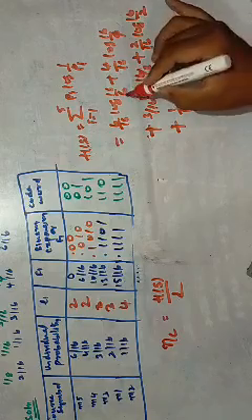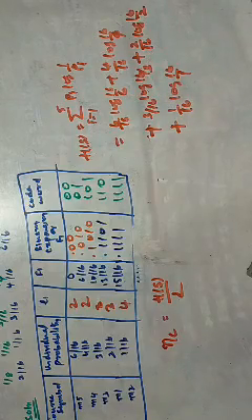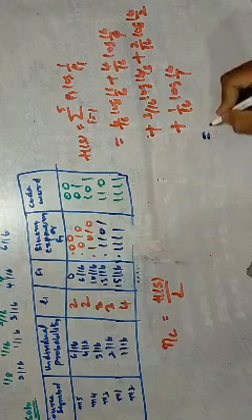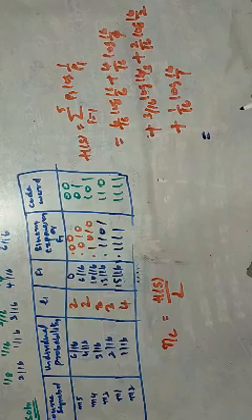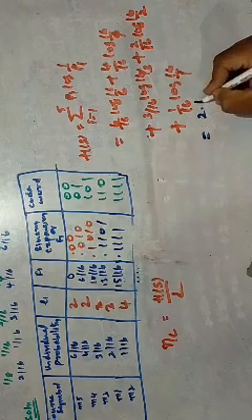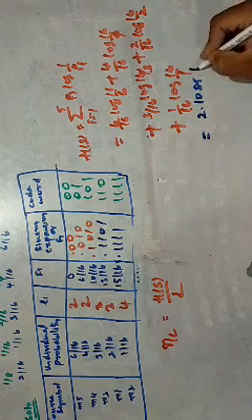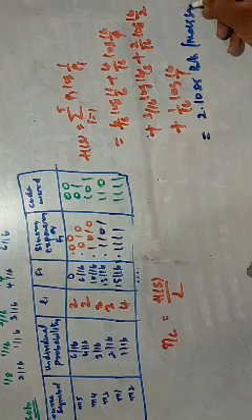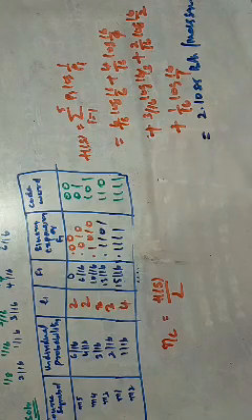So all these are with respect to base 2. Again and again I am telling, don't go for base 10. And the answer we are going to get here is 2.1085 bits per message symbol.